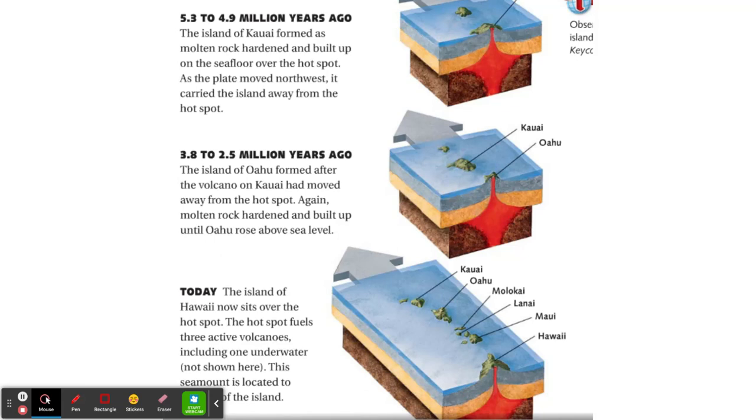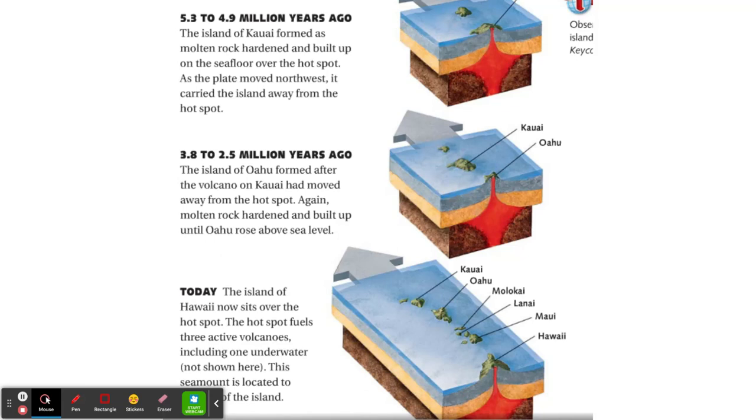The next island to start to build up was Oahu, and that was created between about 3.8 and 2.5 million years ago. Again, after the rock hardened, those tectonic plates kept moving northwest, and Oahu stopped getting bigger.